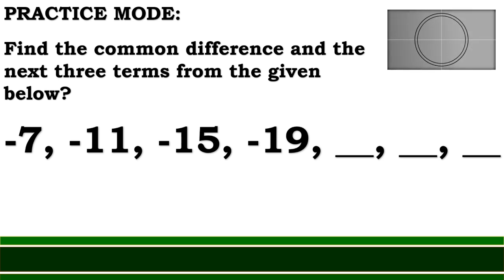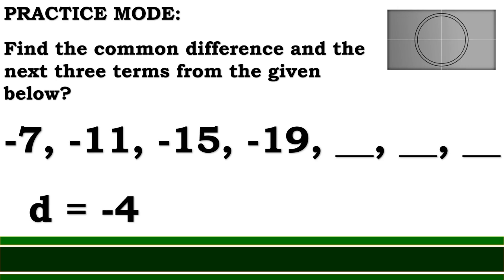Okay, the common difference here is -4. By subtracting, -11 minus -7 will give you -4. -15 minus -11 is also -4. -19 minus -15 is also -4.